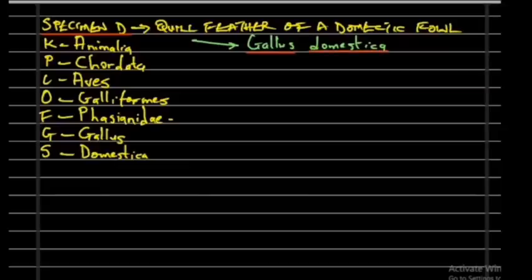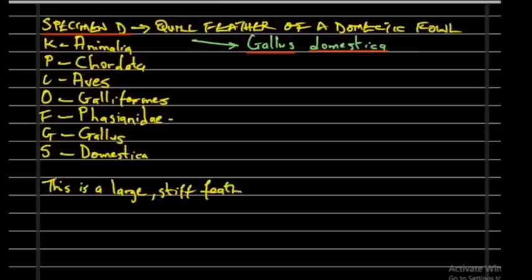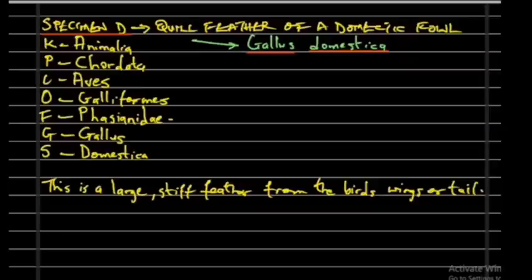Alright, so what are we saying about the quill feather? This is a large, stiff feather from the bird's wings or tail. These are the regions where we find this type of feather called the quill feather.